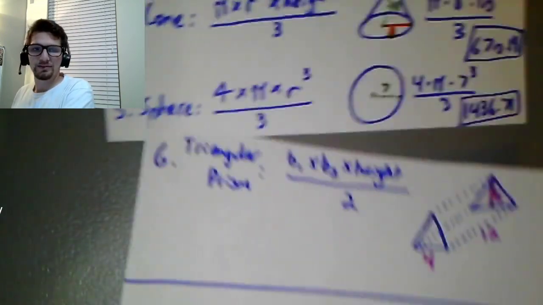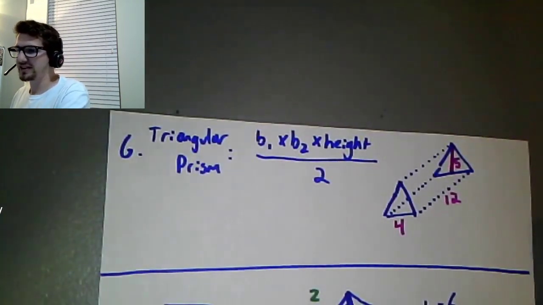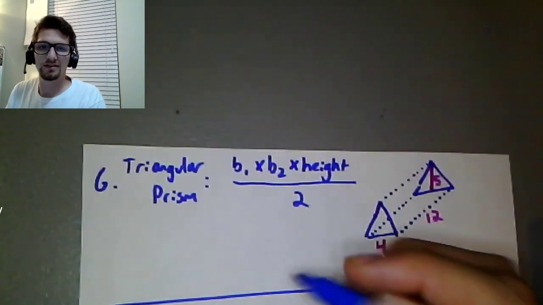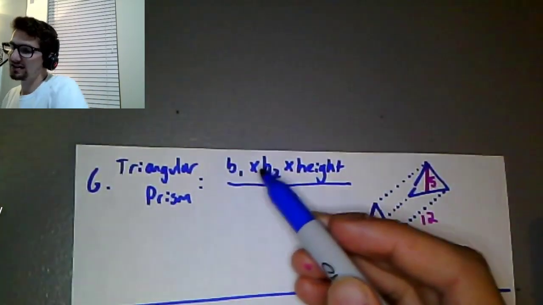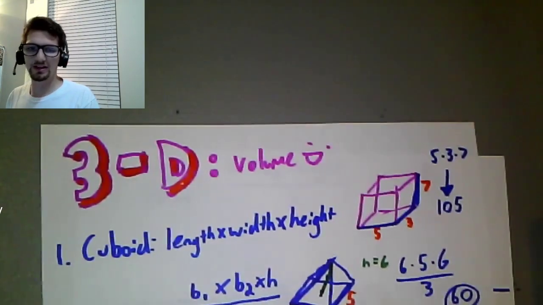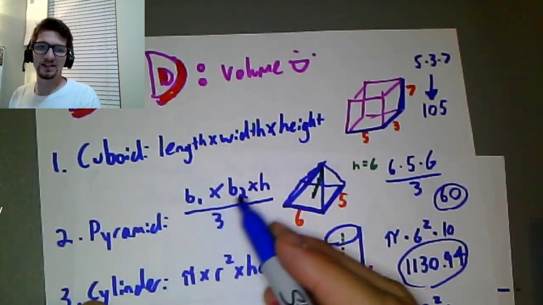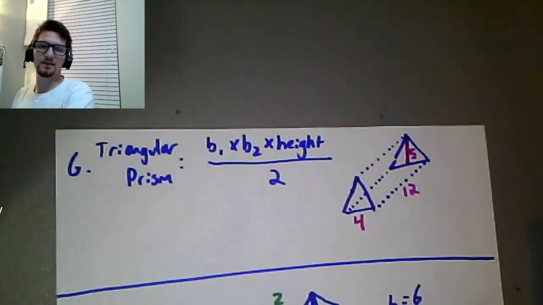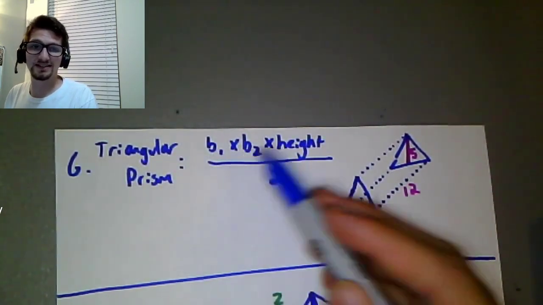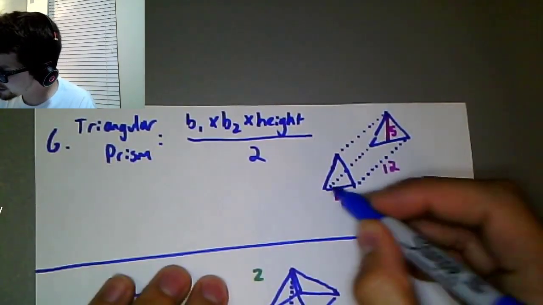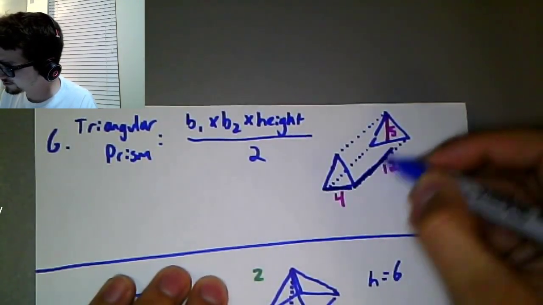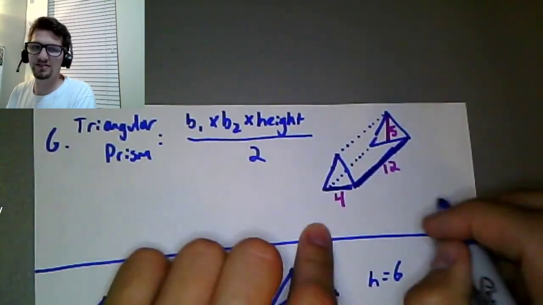Last shape we're dealing with today is our friend the triangular prism. The triangular prism equation is similar to the pyramid equation with the base times height, where we have the base times the base times the height, all divided by 2. So our base and our base would be this and this, the bottom pieces.